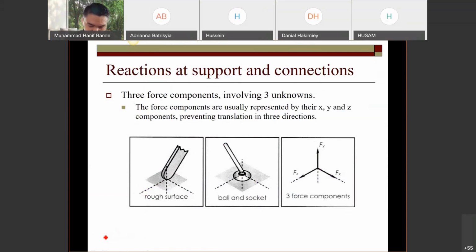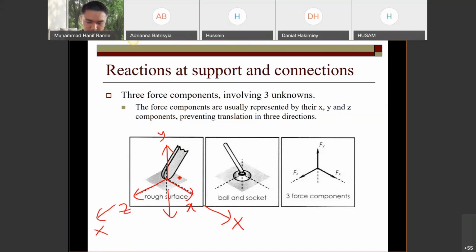X, Y, and Z, they cannot go. Cannot go in the X direction because of the friction. Cannot go in Z because of the friction. Cannot go down.